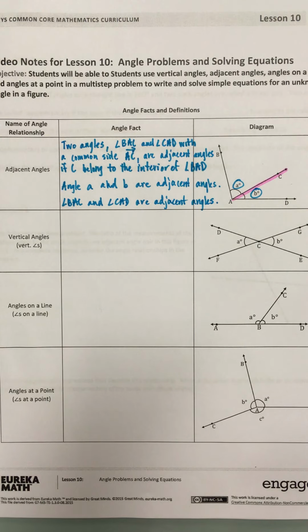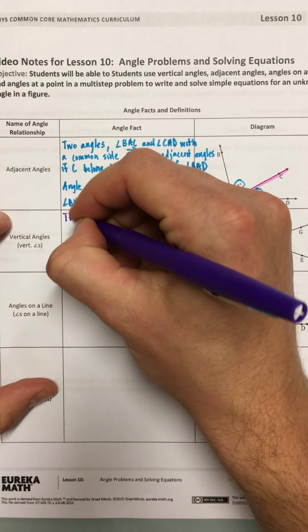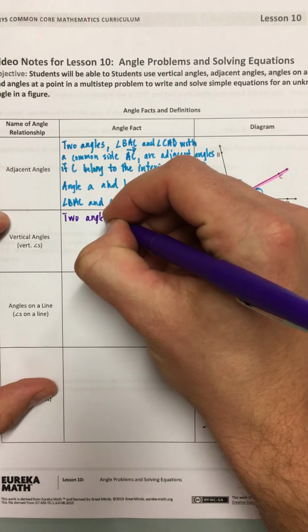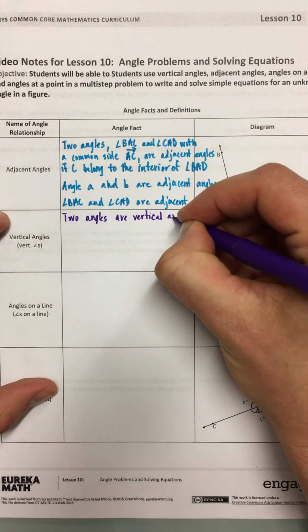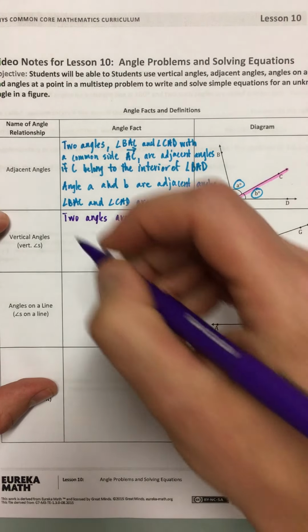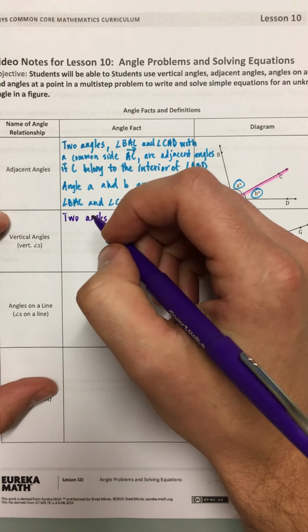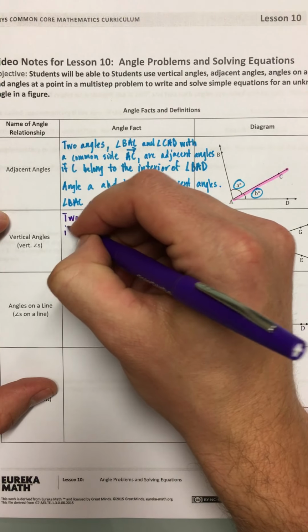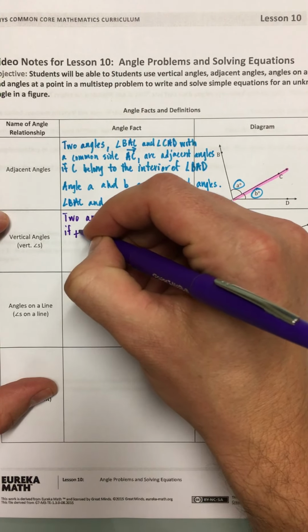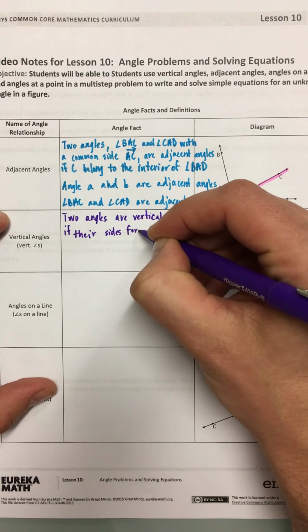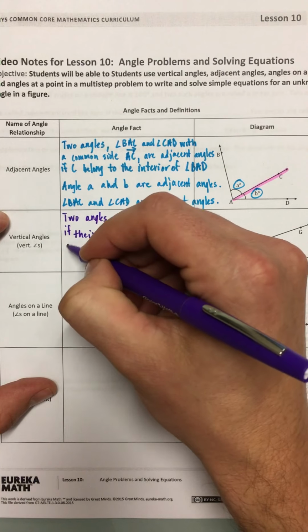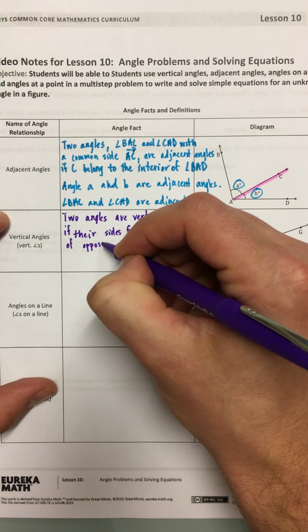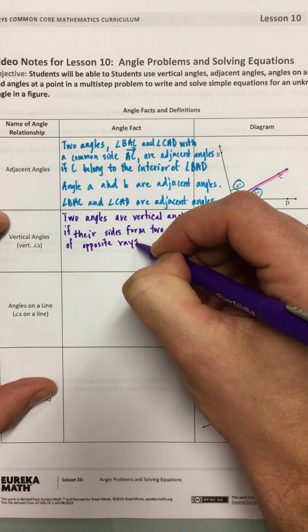Next vocabulary word, vertical angles. Two angles are vertical angles if their sides form two pairs of opposite rays.